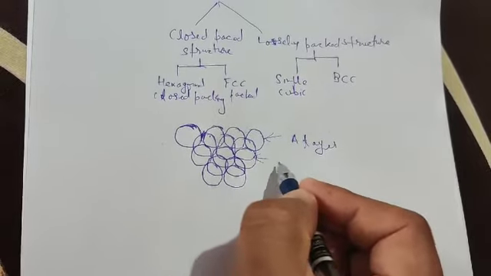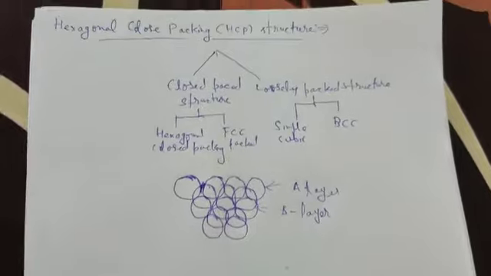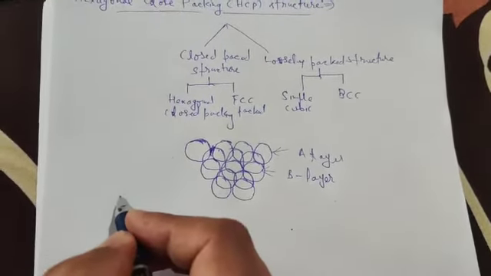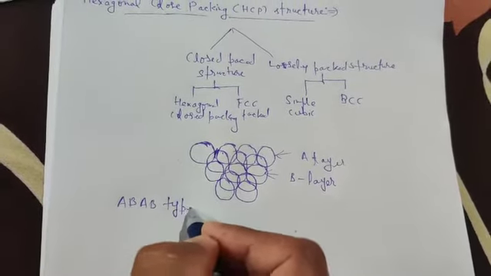So this layer is B layer. So you can say that hexagonal close packing is of an AB type.